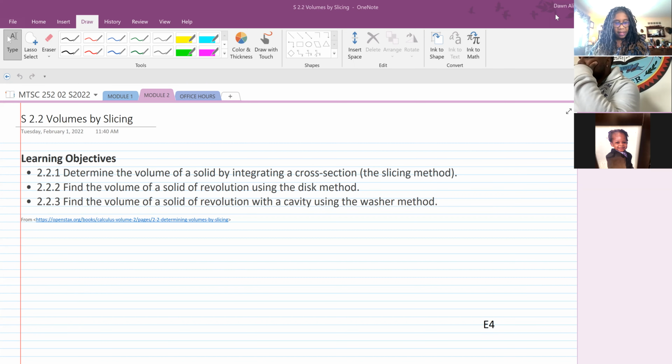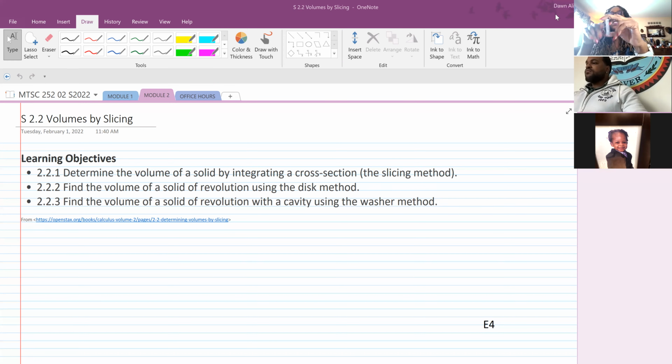But if I then start to stack a bunch of slices of gum next to each other and stack them like this, now I have something that has volume. One of them is just a thin area, but when you stack them alongside each other like this, you end up with volume. So that is what we are doing today.